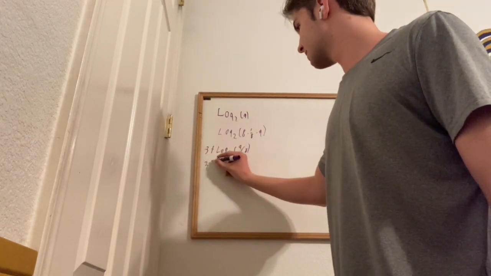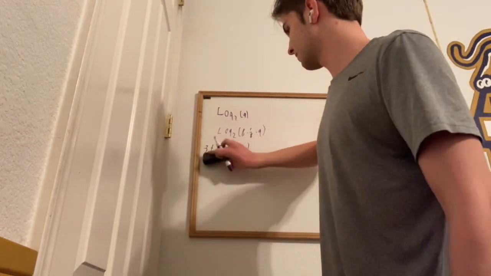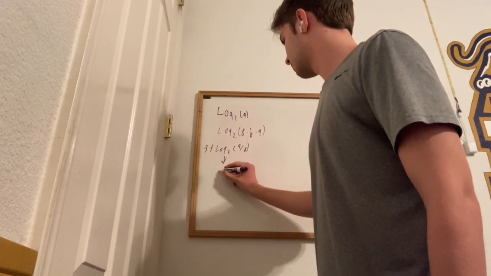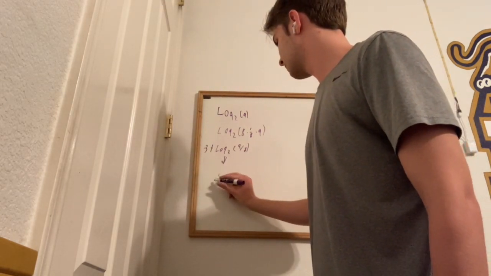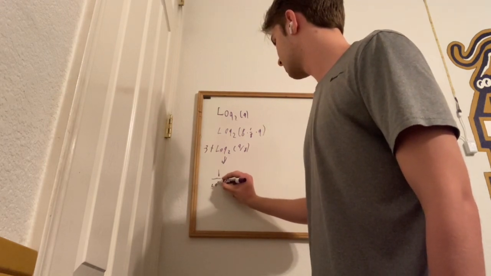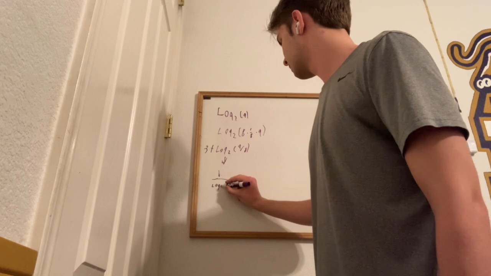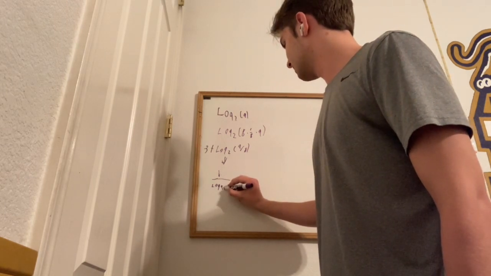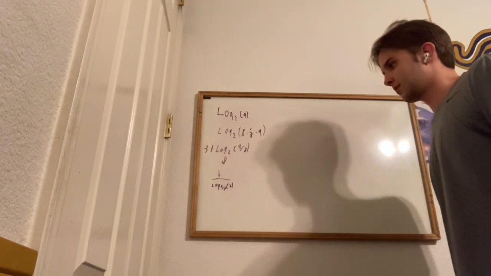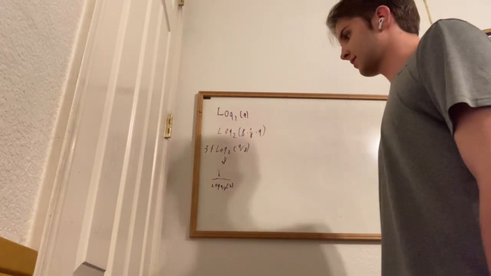So we're just not even going to write a 3. So that's equal to 1 over log base 9 over 8 of 2. Then we can just solve that.